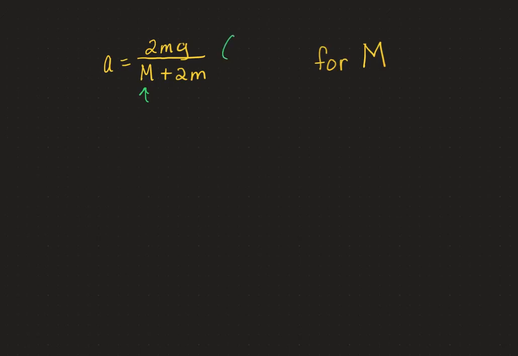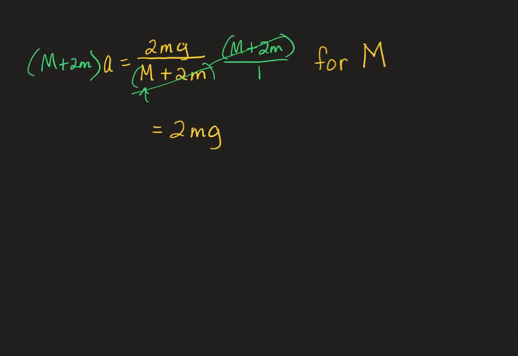So first thing I'm going to do is to multiply both sides by capital M plus 2 times small m. And when I do that, this will cancel. That will leave me 2mg on this side and a times (M plus 2m). I'm going to leave it in the parentheses because that is all multiplied by a still.